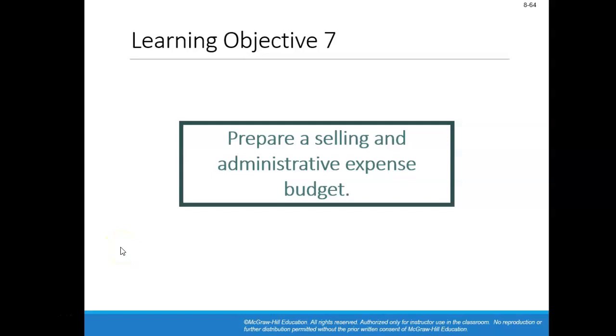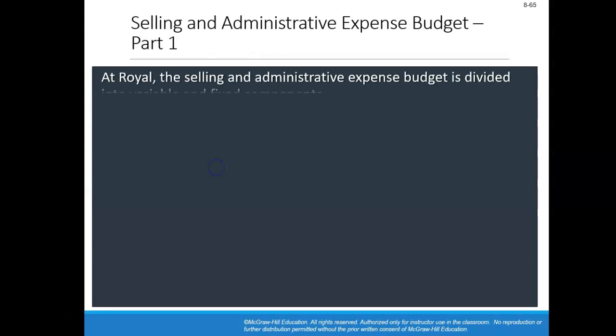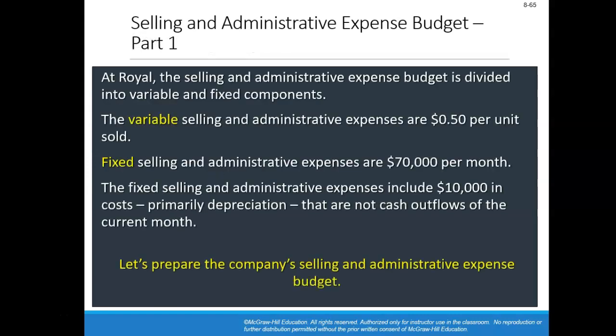Our selling and administrative expense budget. This budget will show our variable and our fixed selling and administrative expenses.